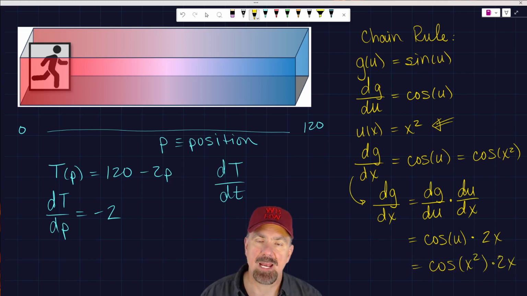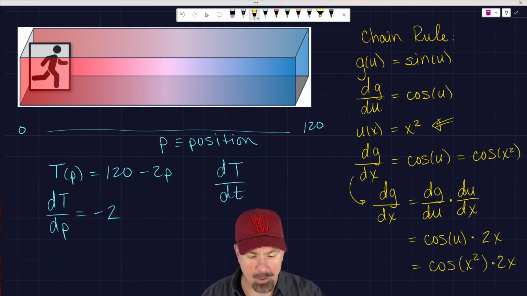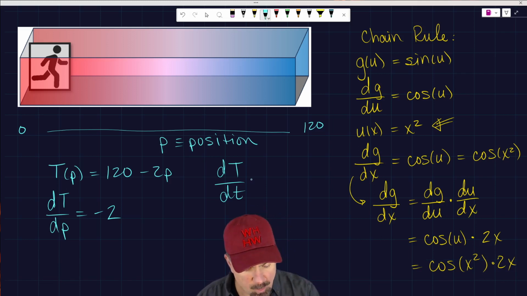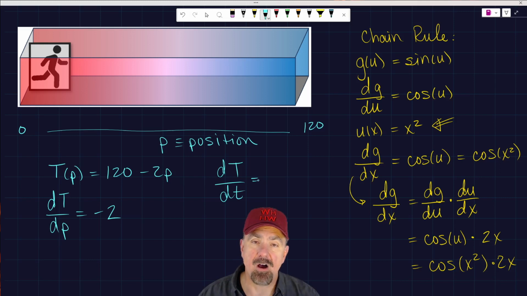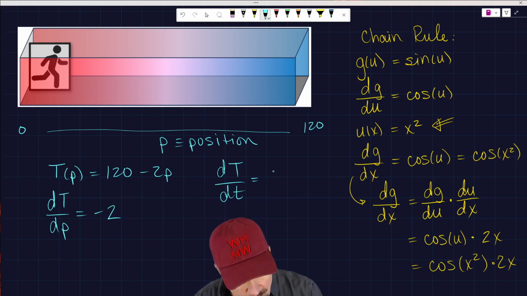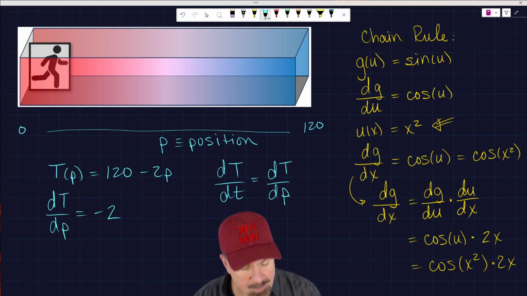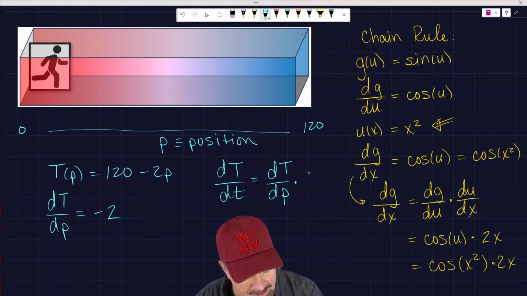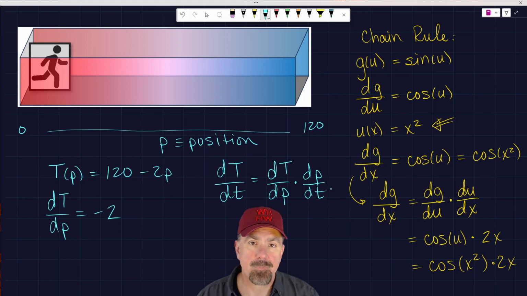Now let me explain how this relates to our case of running through the room. If we want the derivative of temperature with respect to time, we want that rate of change, then we're going to have to take the derivative of temperature with respect to position, multiplied times the derivative of our position with respect to time.